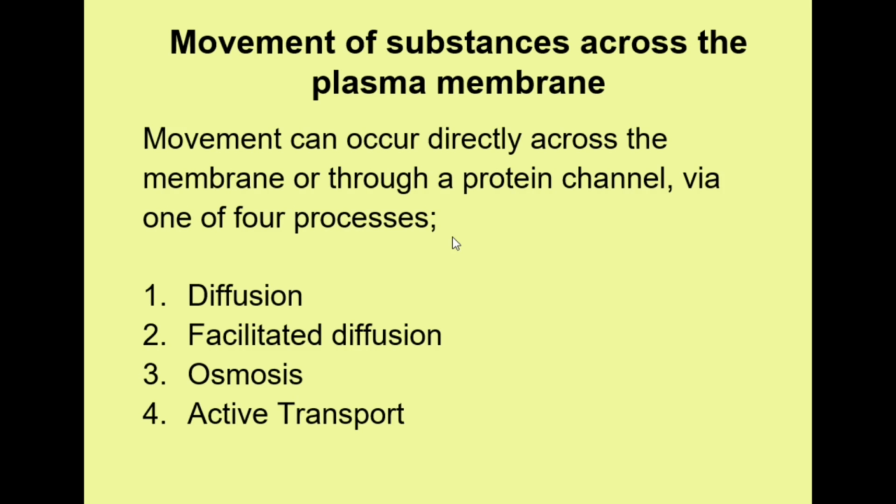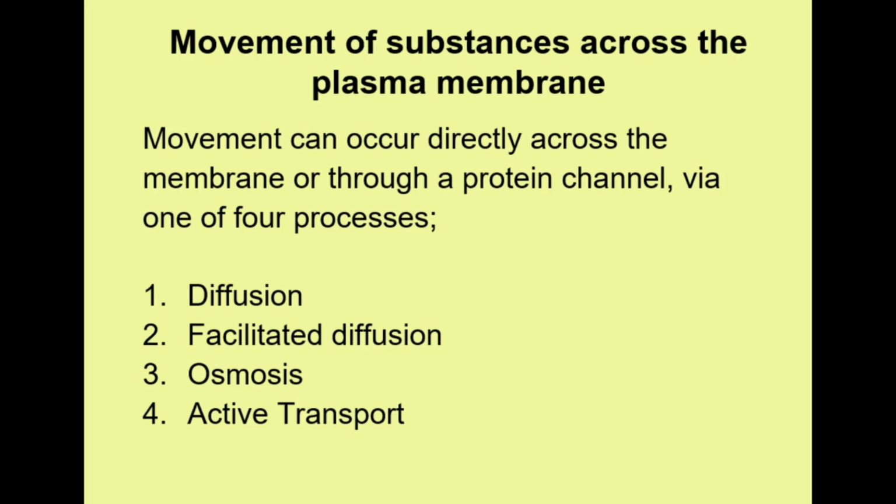As we go through this next section of the lesson, I want you to keep in mind, and if you've written these down, you can circle number 1, 2, and 3: diffusion, facilitated diffusion, and osmosis. Because these three share something in common, and that is they all belong to something called passive transport.